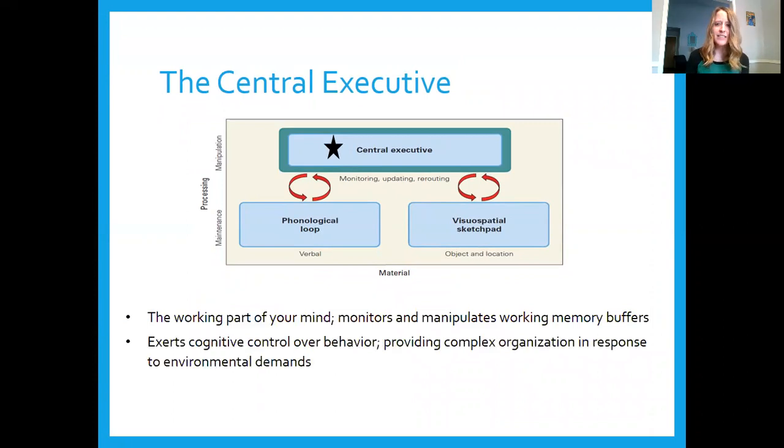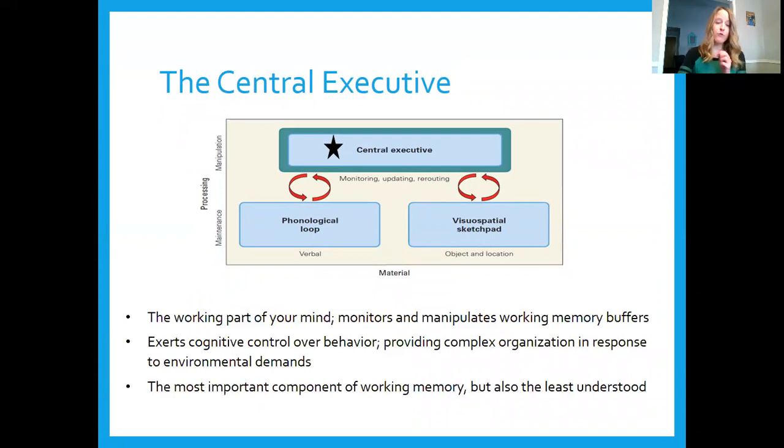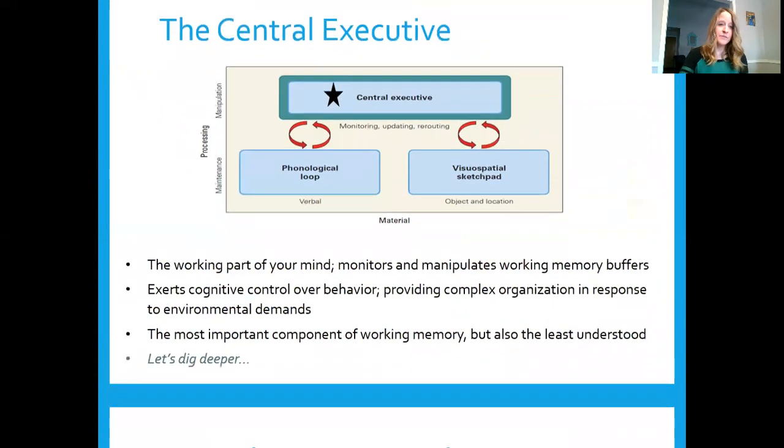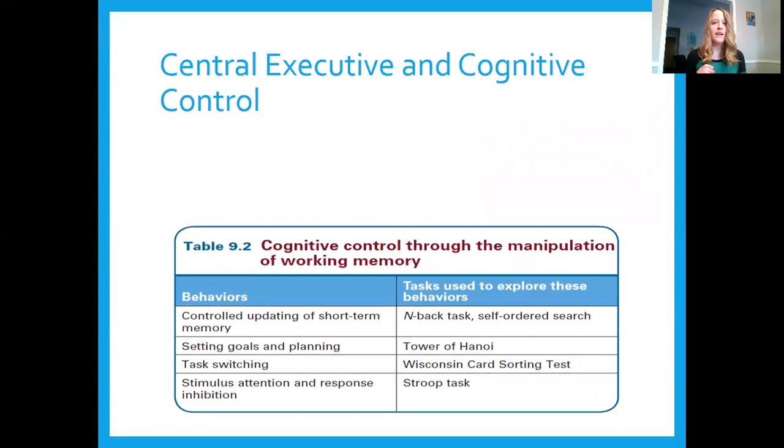The central executive is almost like the boss, the supervisor of working memory. It plays a variety of roles in terms of updating and manipulating information that is within your phonological loop or your visuospatial sketchpad. So updating and monitoring information that is in working memory.